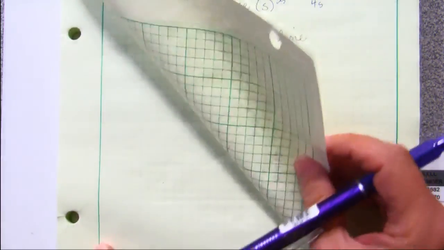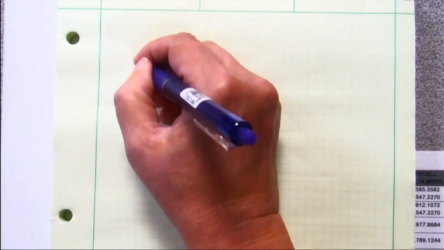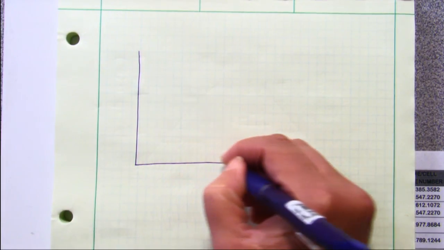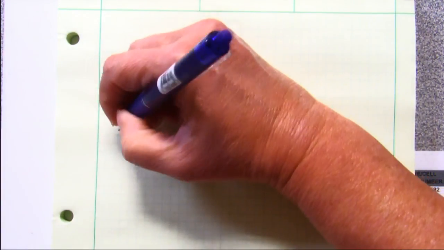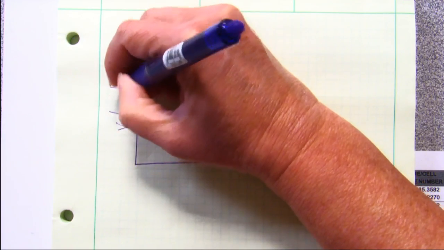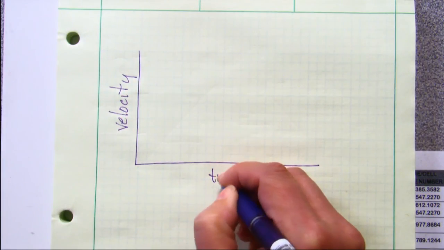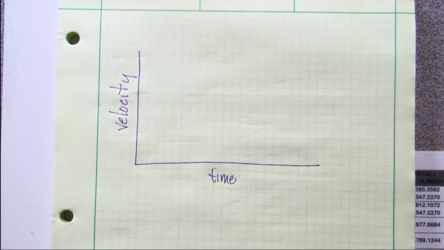Now, if I'm on a velocity versus time graph, so I've got a velocity versus time graph.